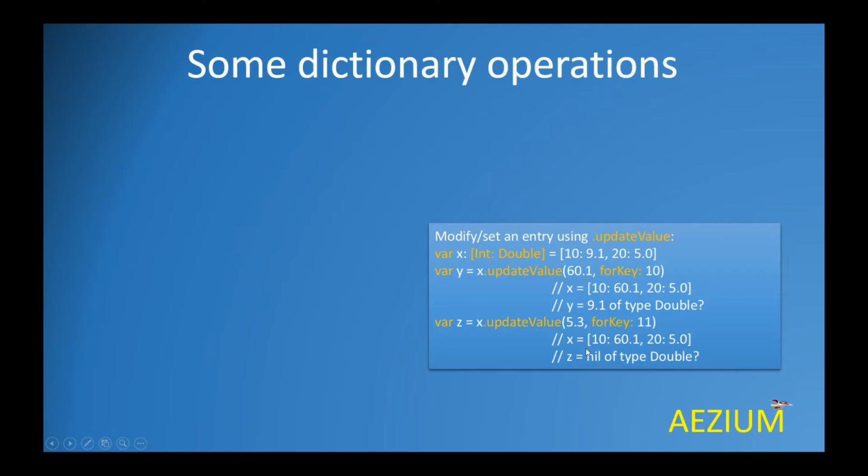No change in there, but a nil is returned to our variable z here, and if you recall, nil was a value which was used in connection with optionals. So it re-emphasizes that what is returned by this is an optional.